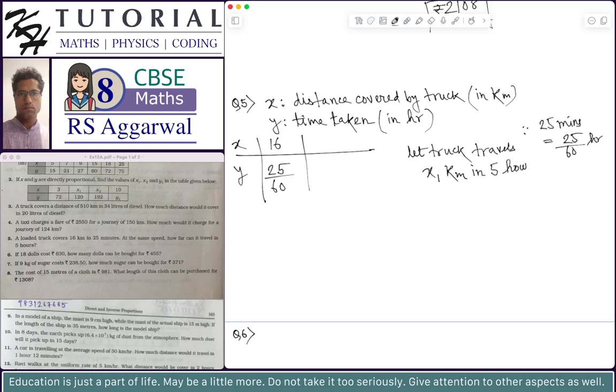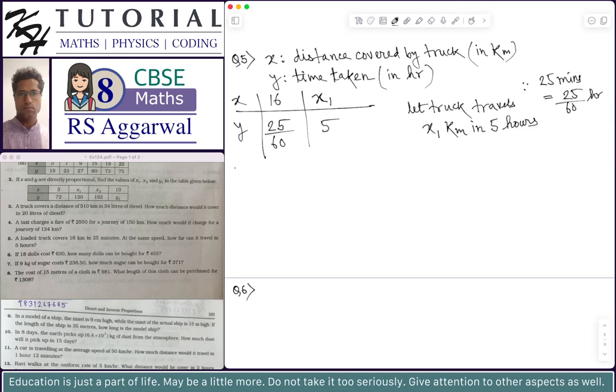Now we can enter this data in the table. The value of x is x1, as we assumed that in 5 hours the truck travels x1 kilometers. So we have x1 and we have 5.